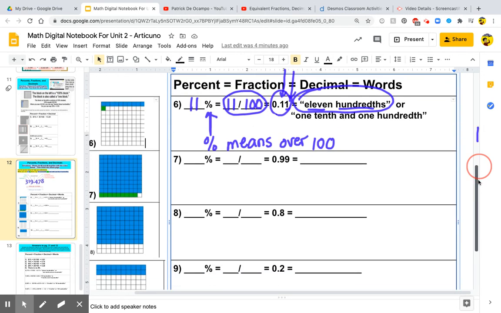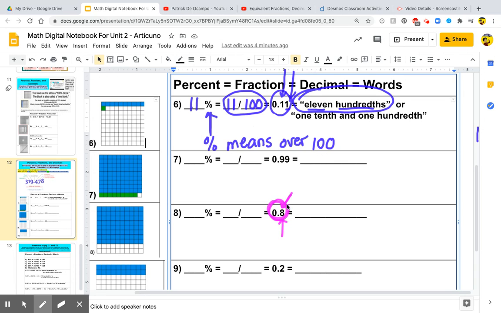Number 8 is slightly different, but if you're using the same techniques, you'll be able to get to the right answers. Okay. Now, how do we say this? By the way, you have a picture here too. How do we say this? Now, the key here, the trick is to look at the last digit.